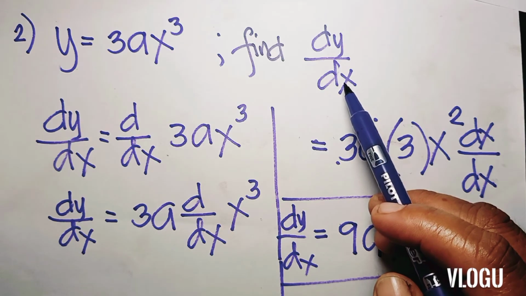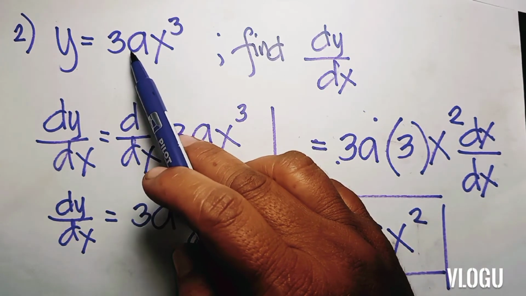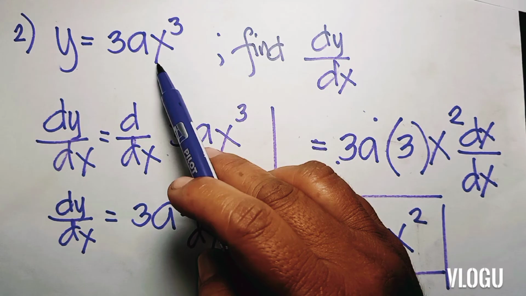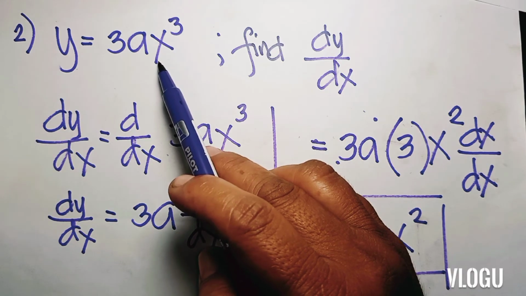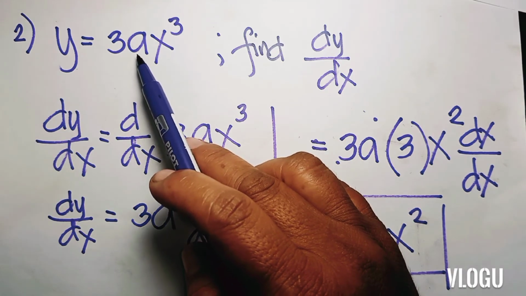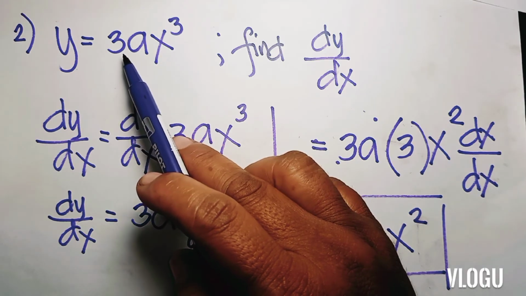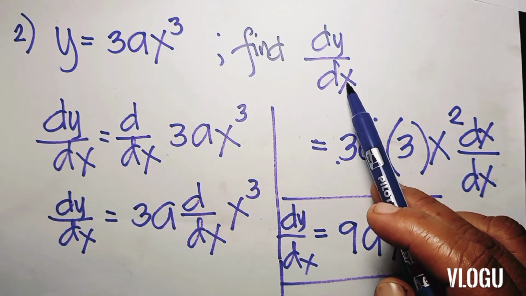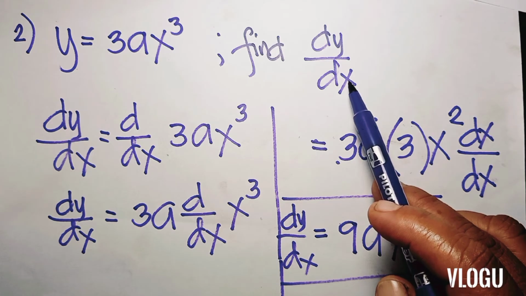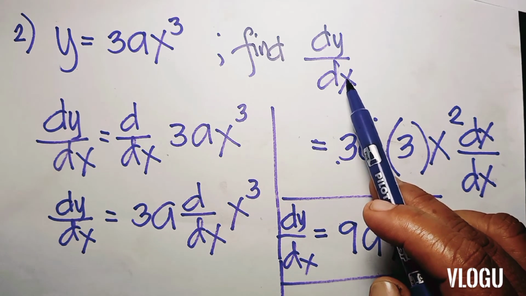So, in 3ax cubed, x here is a variable, and for a, we are going to treat that one as a constant, because the variable that is denoted in your given is x.